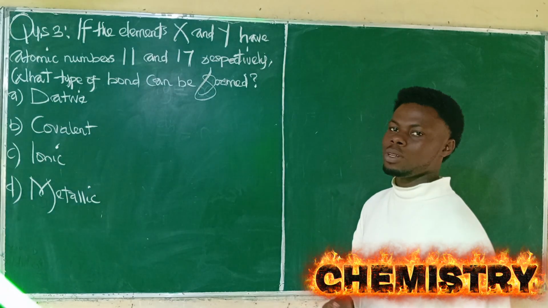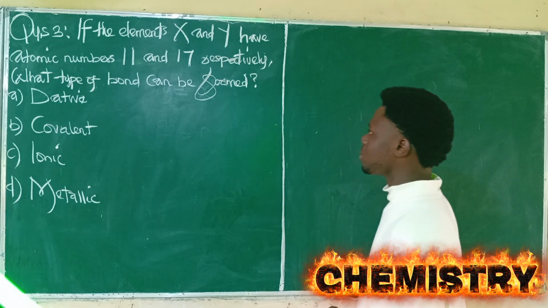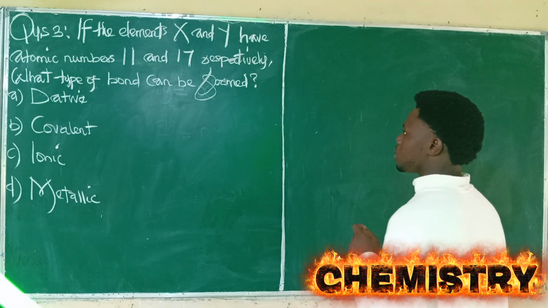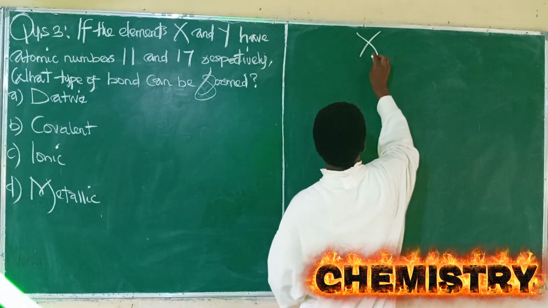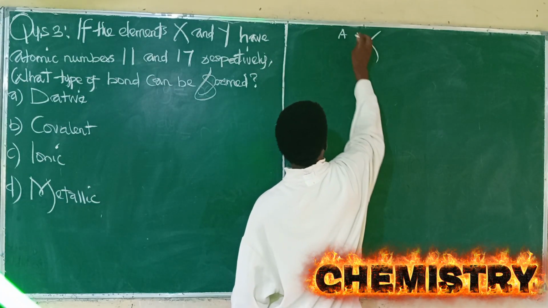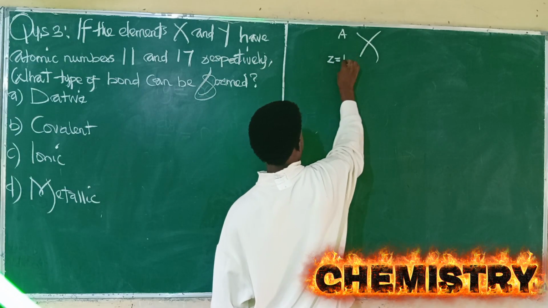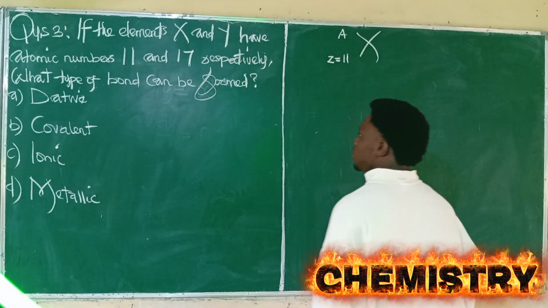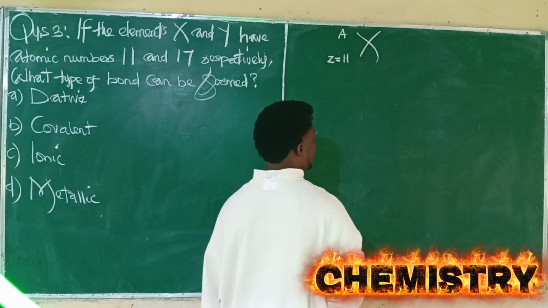First things first, to determine the type of bond that will be formed, let's consider the group of these respective elements on the board. So we have element X, mass number, and the atomic number Z is 11. To determine the group, let's write the electronic configuration.